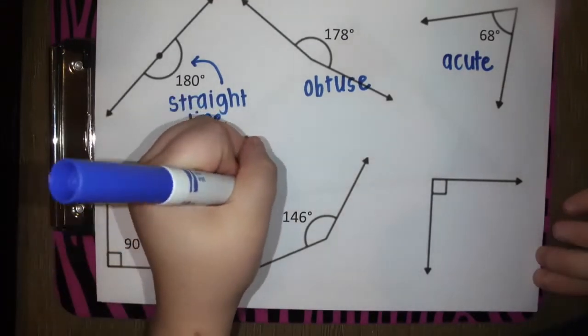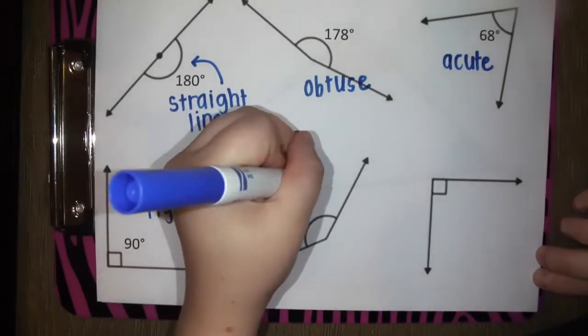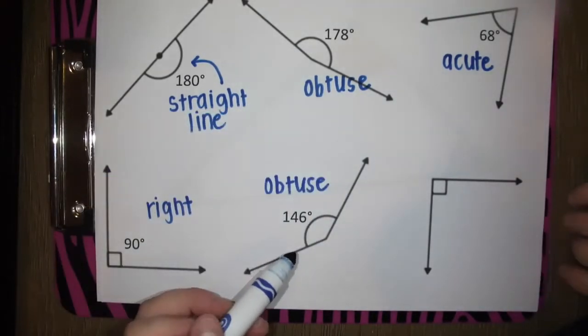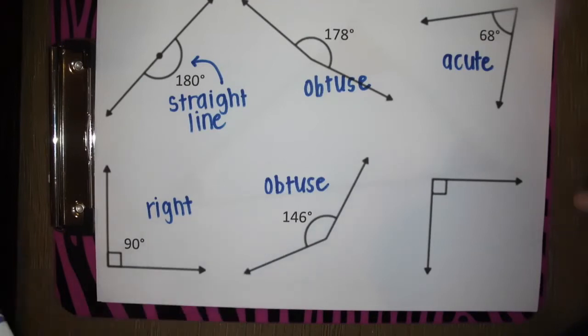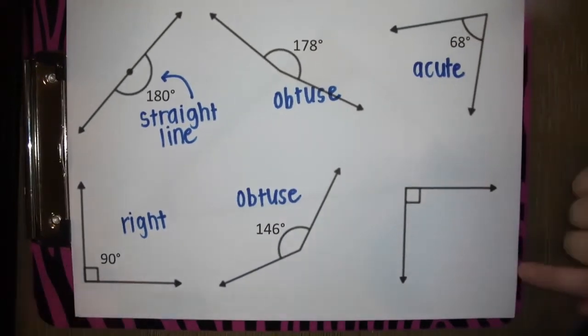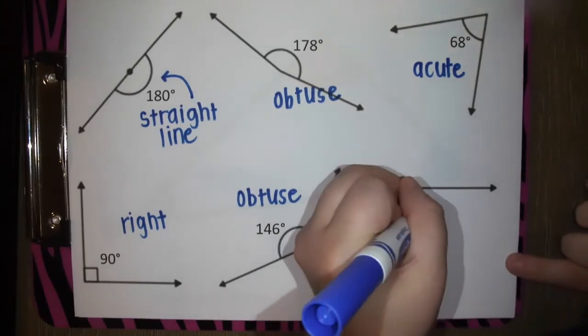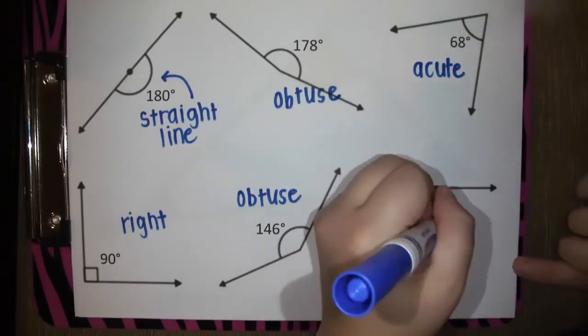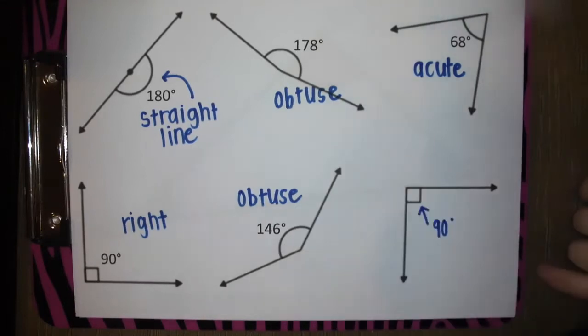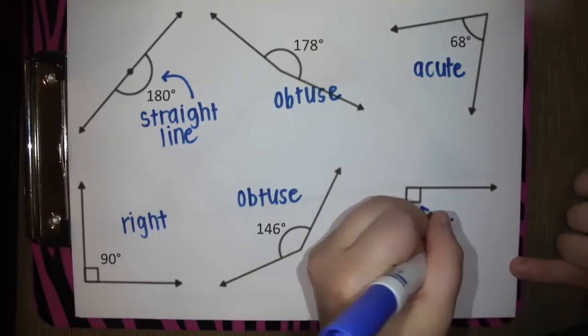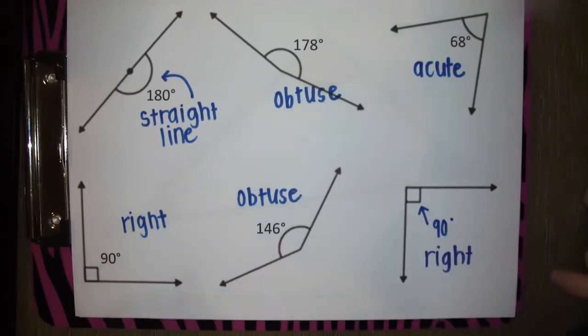This is going to be classified as obtuse because it is greater than 90 degrees, but less than 180. And lastly, we have no degree measure. We just have a box. But what we should know at this point is that this box means 90 degrees, and 90-degree angles are always classified as being right angles.